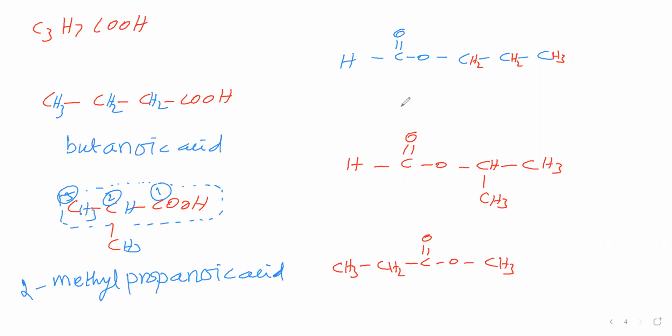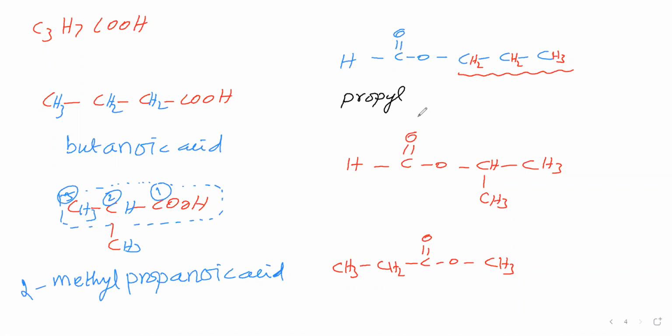We will say the name for the ester. In the ester, the group which is bonded directly with the oxygen, that name we have to say first. Therefore, we have to say the name of this one. This contains 3 carbon atoms, therefore you say prop and include YL: propyl.